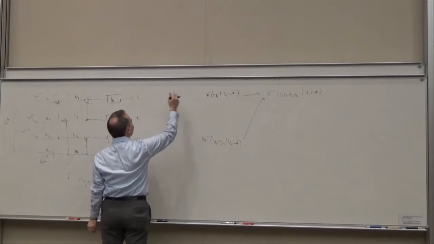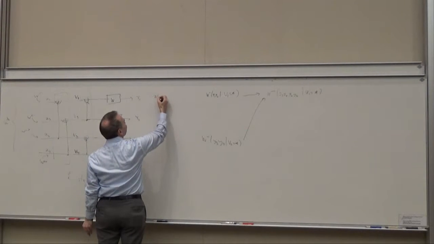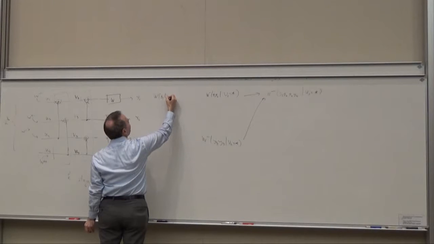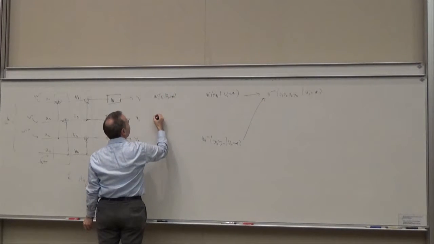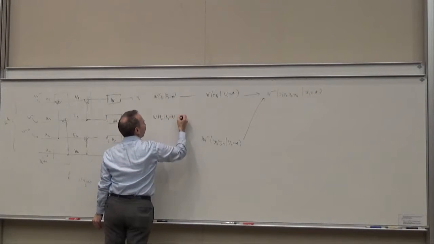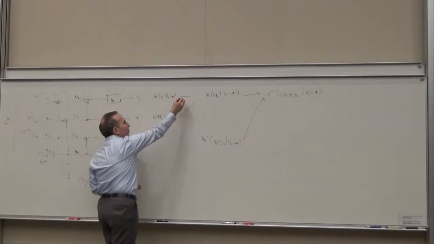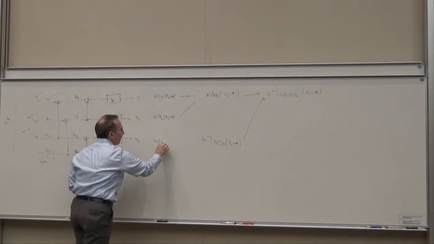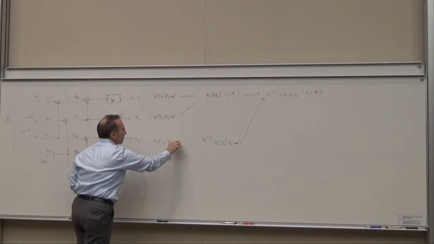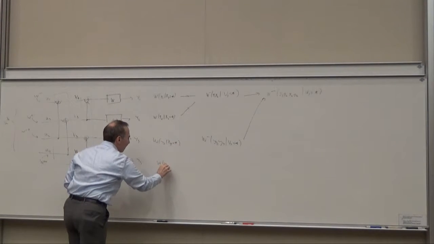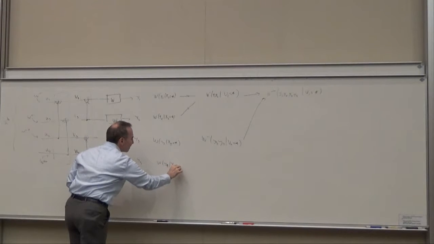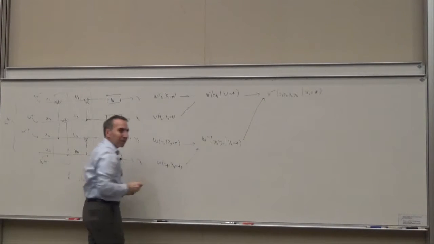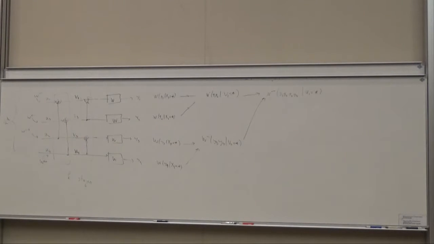Well, how do I compute this? I compute the y1 given x1 star. This computation here also takes only 2 multiplications and 1 sum.